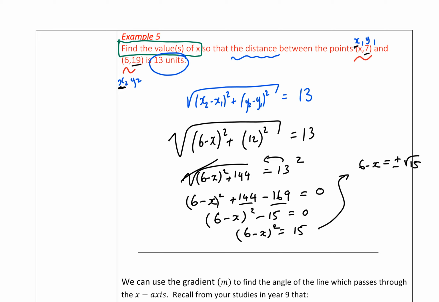And if I bring the 6 over, we'll find negative x is negative 6 plus or minus root 15, and x is equal to 6 plus or minus root 15. And so I have two answers here for x, 6 plus root 15 and 6 minus root 15.